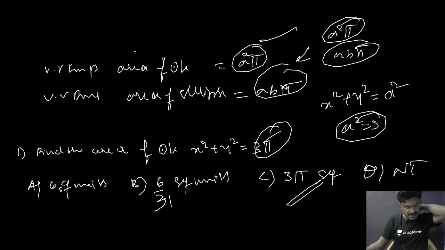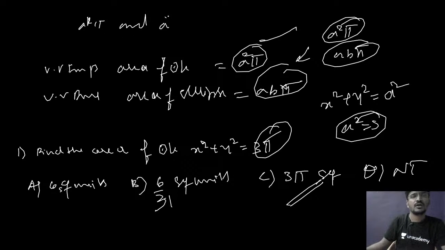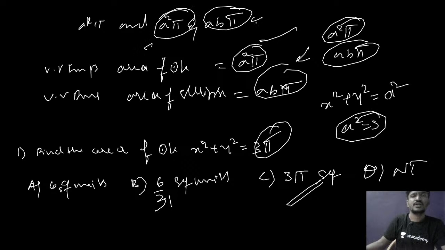I think these things are enough for this particular session, and in the next session we shall solve some more problems. You go through these two formulas, that is a square pi and ab pi: circle, and this is ellipse. Clear?